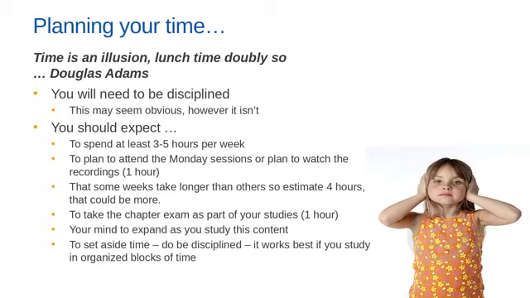So 3 to 5 hours per week reading through the online curriculum, doing lab exercises, playing around with the virtual machines, and doing the end of chapter tests. Always try to take the end of chapter exam after you've studied that relevant chapter. So what we're going to aim for is doing 1 chapter a week. Once you've read through the online curriculum material, done the labs, take the end of chapter assessment while it's still fresh in your mind.